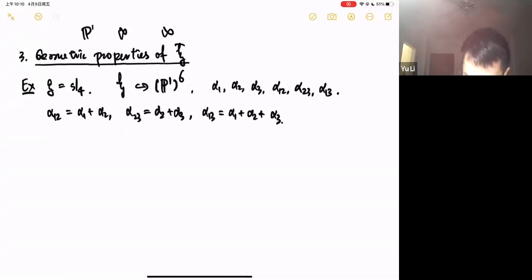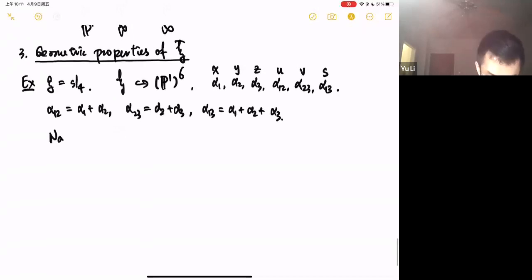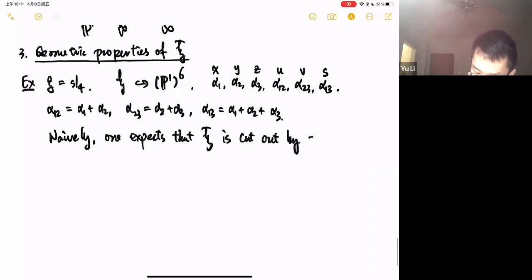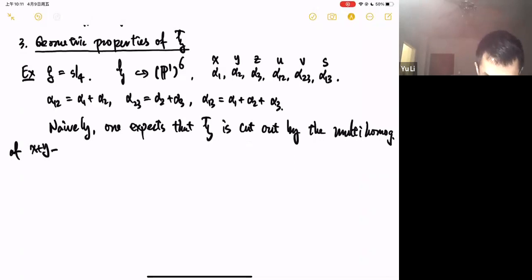Okay, and then if the inhomogeneous coordinates corresponding to these roots are x, y, z, maybe u, v, and s, then naively one expects that H bar is cut out by the multi-homogenization of, so the first relation alpha 1,2 equals alpha 1 plus alpha 2 corresponds to x plus y minus u, the second one corresponds to y plus z minus v, and the last one corresponds to x plus y plus z minus s.